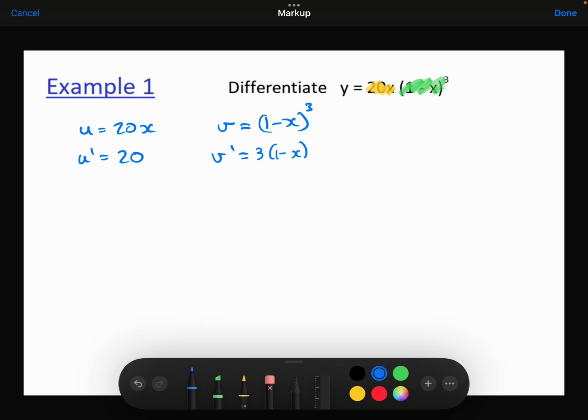So that's going to be 3 lots of the inside squared. And then by the chain rule, I have to multiply that by the derivative of the inside. The derivative of 1 minus x is minus 1. So I'm going to multiply that by minus 1. Simplifying, the 3 times the minus 1 is minus 3.